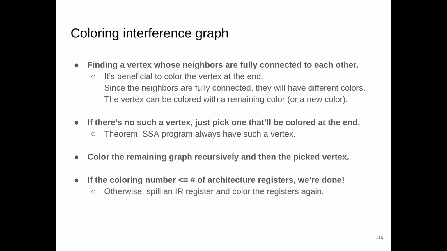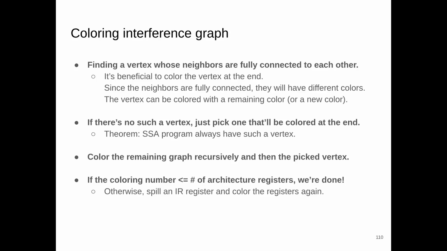You can find a vertex whose neighbors are fully connected to each other, and so on. It is basically because SSA has the domination relation and all the uses are dominated by definitions, but the deep theoretical results are left to further courses or some papers in graph theory. Anyway, just memorize that SSA programs always have such a vertex whose neighbors are fully connected to each other.